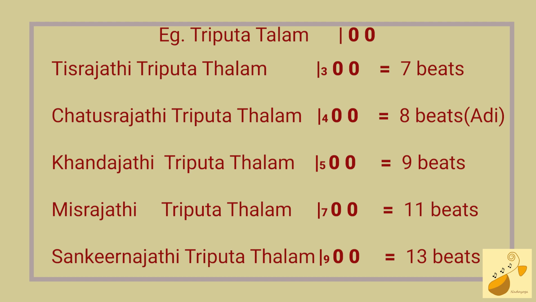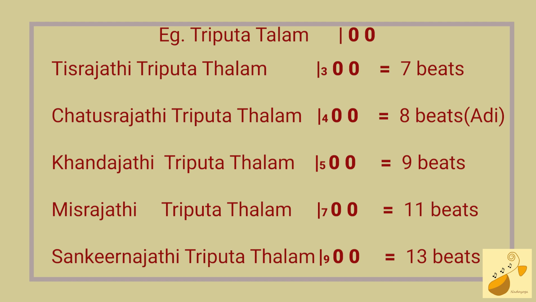Now you have the Sankirna Jati. The last one is Sankirna Jati Triputa Talam, which will be 9 beats of the lagu. 1, 2, 3, 4, 5, 6, 7, 8, 9 of lagu, followed by 2 dhrutams as usual. That makes it 13 beats. 9 plus 2 plus 2. 13 beats for Sankirna Jati Triputa Talam.